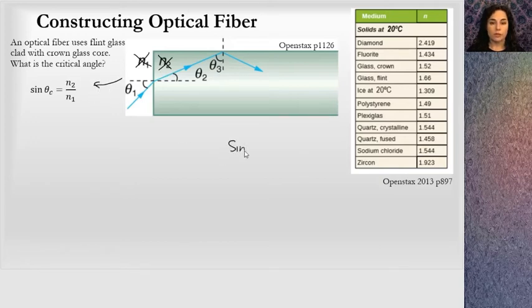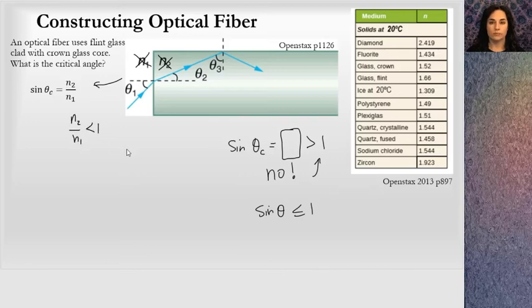If you set up the equation sine theta c equals some number over some number and it's greater than 1, that cannot happen. Sine theta is always less than or equal to 1. So when you set up the ratio N2 over N1, N2 over N1 has to be less than 1.